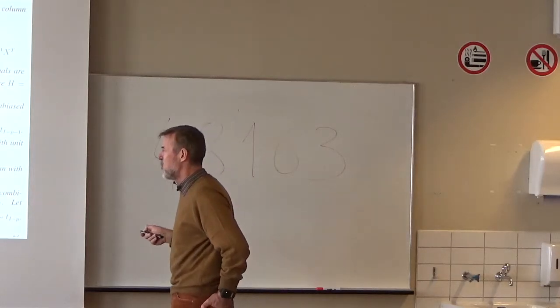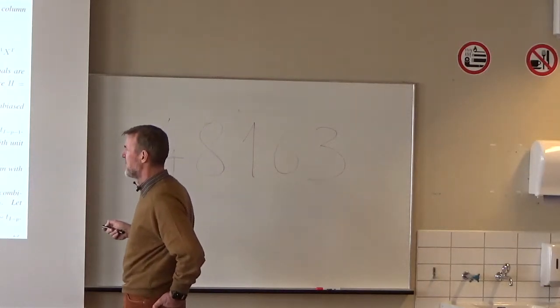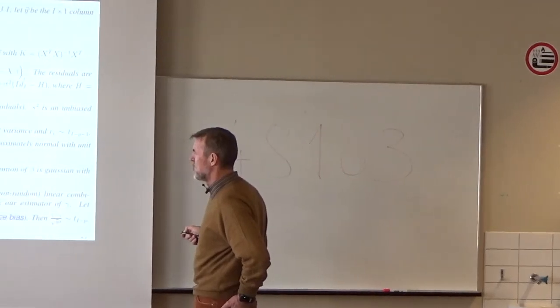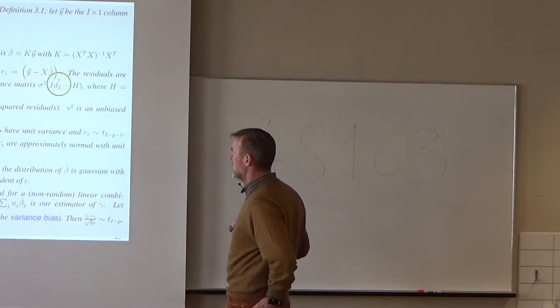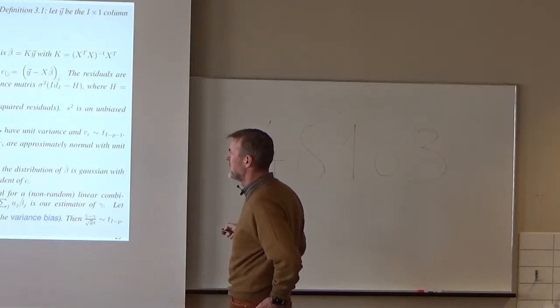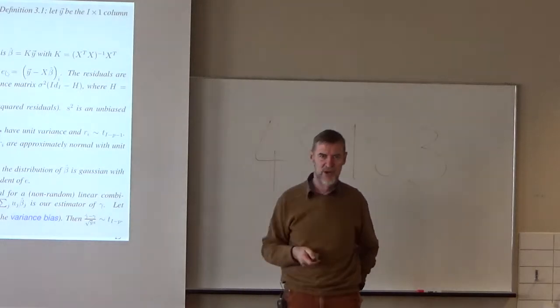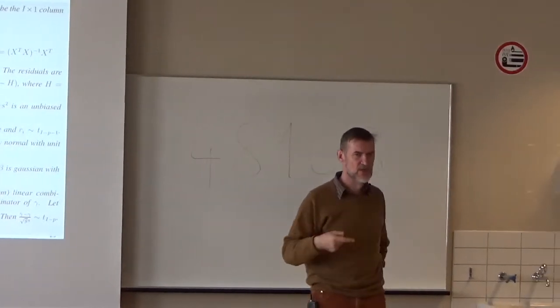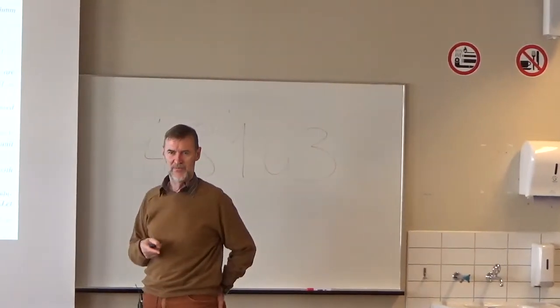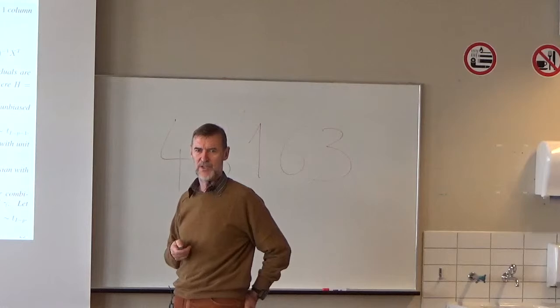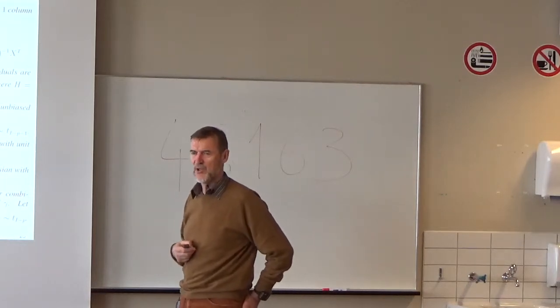And if we want to be extremely refined, we can do what is called a rescaling of the residual, because for the H matrix here, if I look at the diagonal term, I will have 1 minus the diagonal element of H. That's the variance of e_i. So the variance of each of the residuals after estimation is not always the same. Right? They do not all have the same variance. There is an explanation for that.